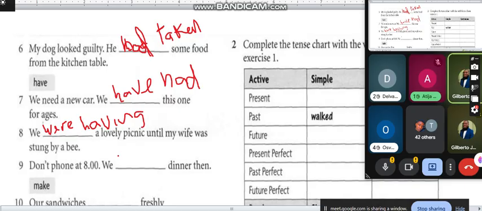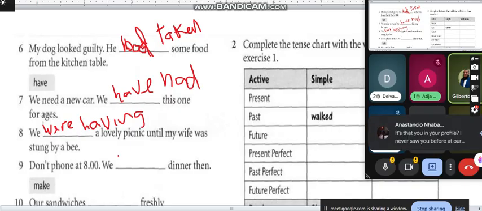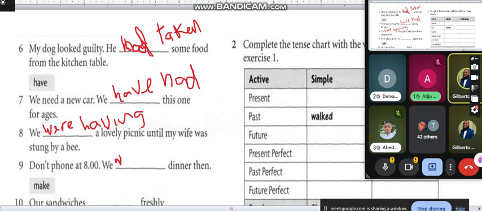So now we understand that this 8 is probably 8 p.m., because no one has dinner in the morning, but we have dinner in the evening, most probably. So this should be: don't phone at 8 p.m. We will be having dinner then, or at that time we'll be having dinner. So that's correct. That should be we will be having dinner.